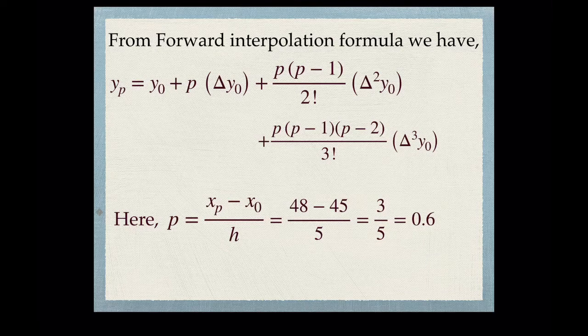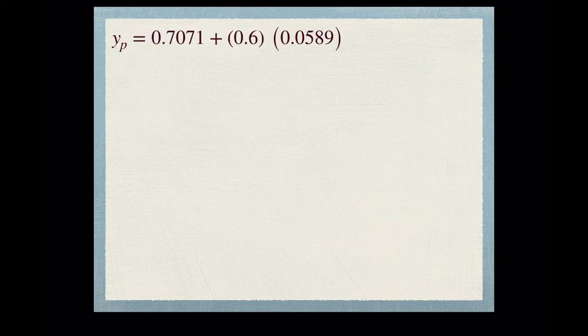Now, we already know y0, delta y0, delta square y0, delta cube y0, and now we also know p. So, in the next step, I am substituting it.